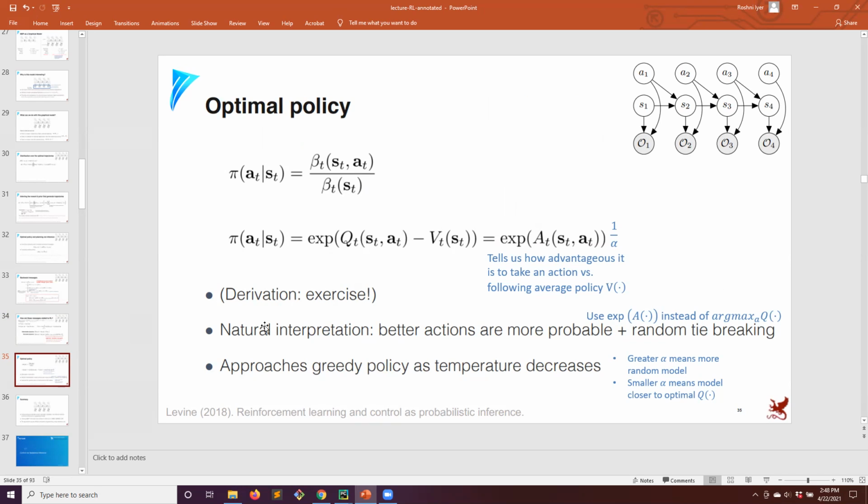Here's the natural interpretation: better actions are more probable, and it also has random tie breaking.